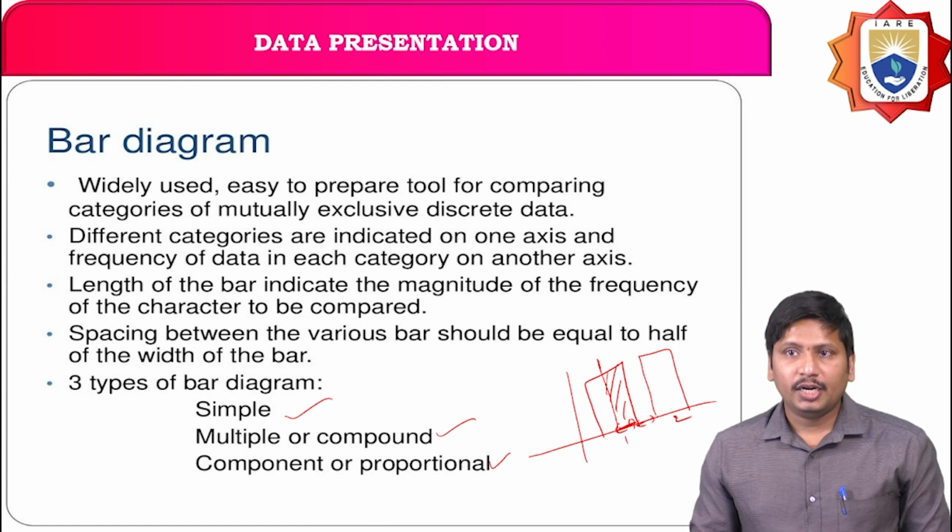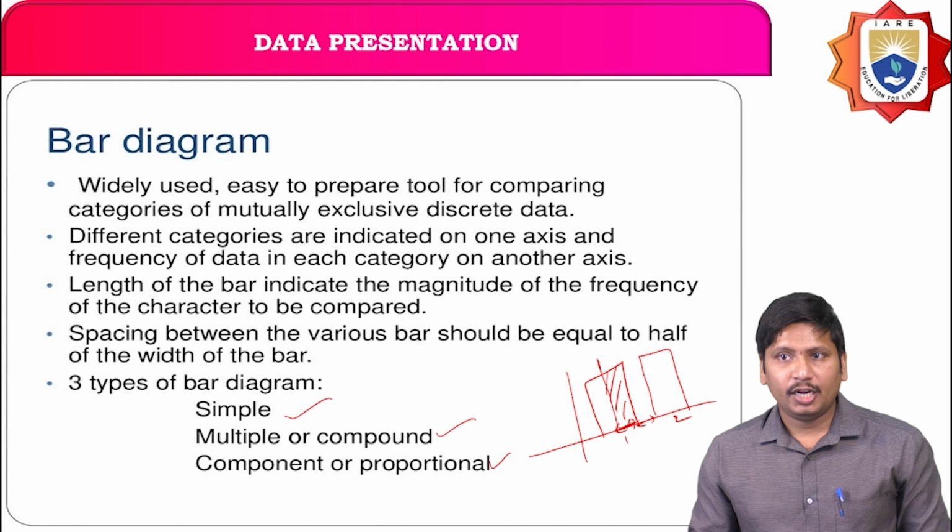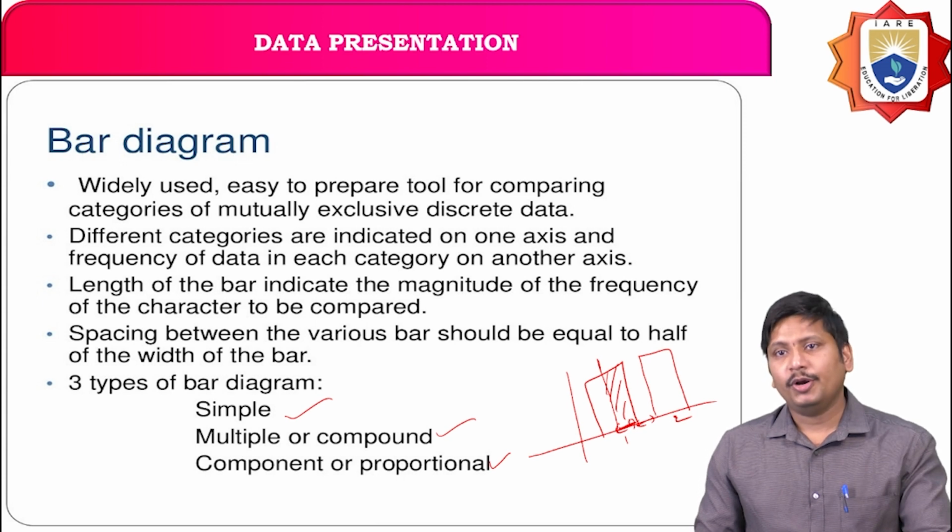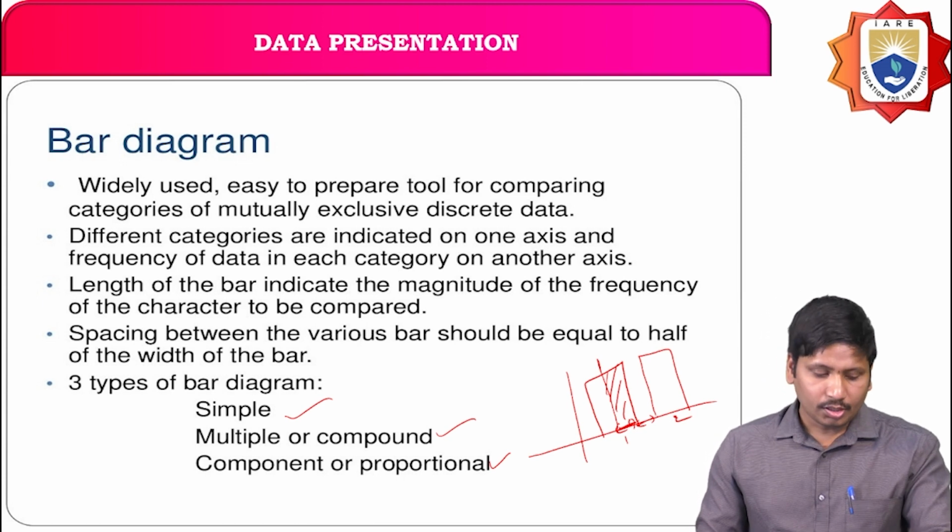The length of the bar indicates the magnitude of the frequency of the character to be compared, and the spacing between the various bars should be equal to half of the width of the bar. The three types are the simple bar diagram, the multiple bar diagram, and the component or proportional bar diagram.